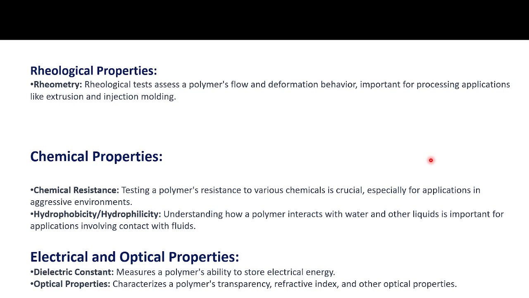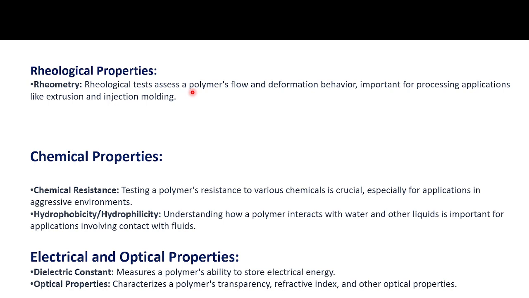And there are other characterization techniques like rheological properties. Rheological properties are important when you want to process the polymer sample. When we want to process it, we have to know how much shear stress will be generated in the instrument, and whether the instrument can take that much shear stress or not.